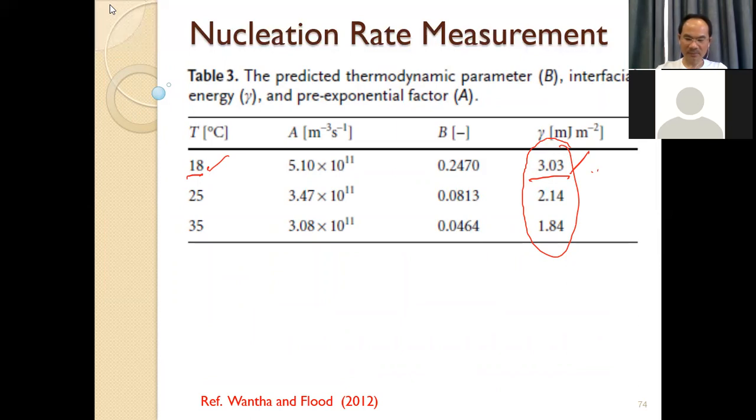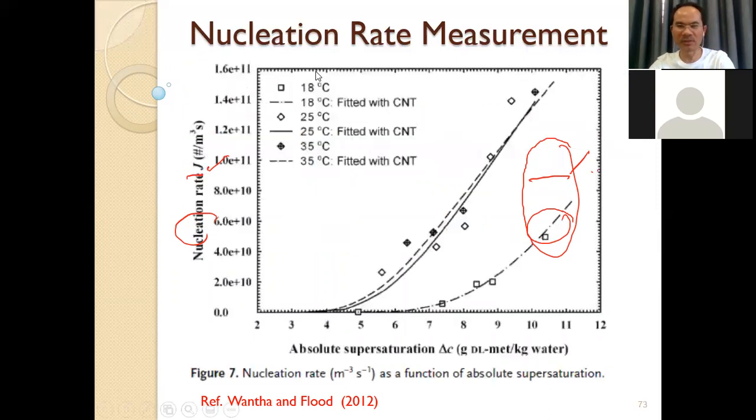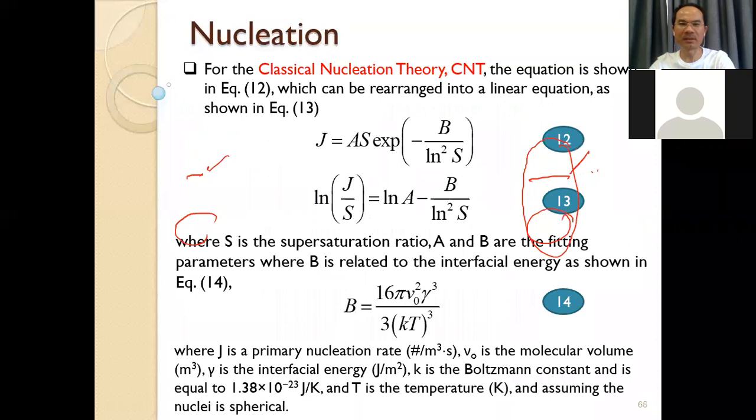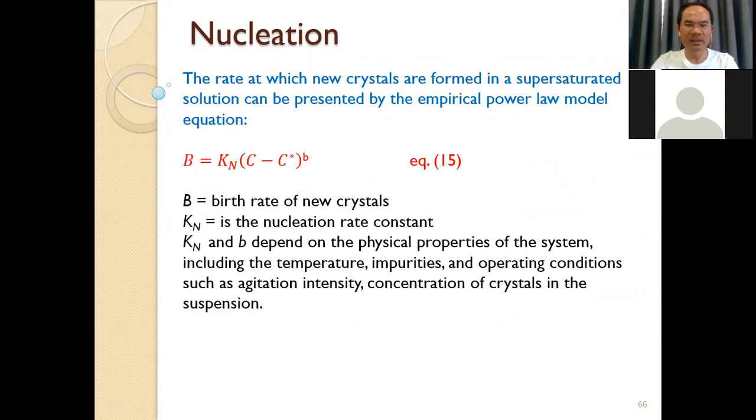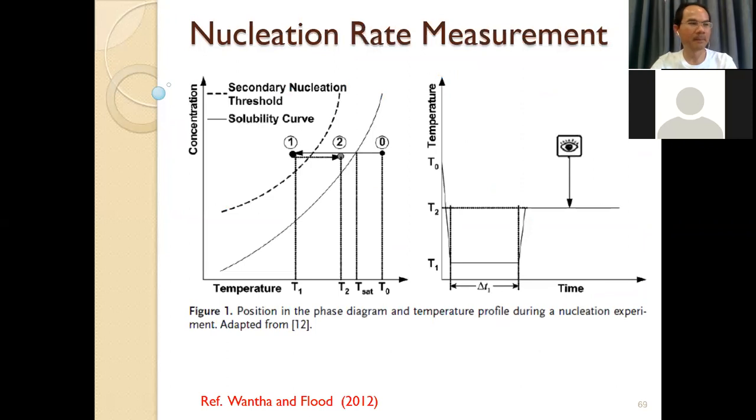At higher temperature, lower interfacial energy, higher nucleation rate. This result is correct based on the theory, the classical nucleation theory, that I will talk to you about later. This equation supports this theory. Lower interfacial energy, higher nucleation rate. Higher temperature, higher nucleation rate. And the result of that data corresponds to this theory.